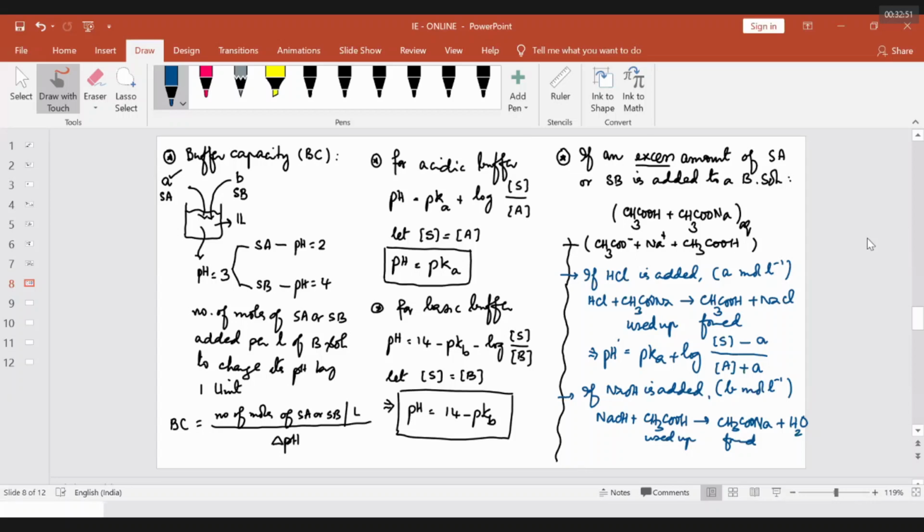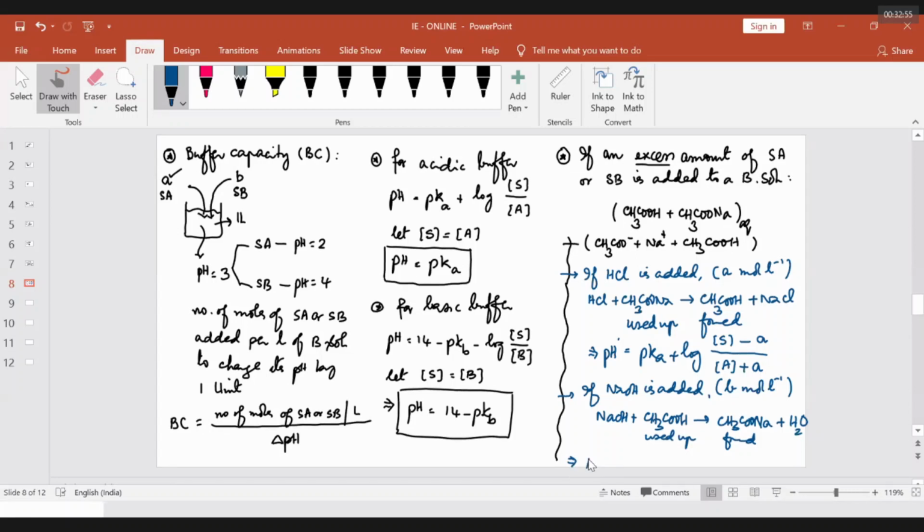Okay, this implies, let me write here, pH dash is equal to pKa plus log of concentration of salt by acid. No, sir, salt is formed, plus B. Acid is consumed, minus B, right?